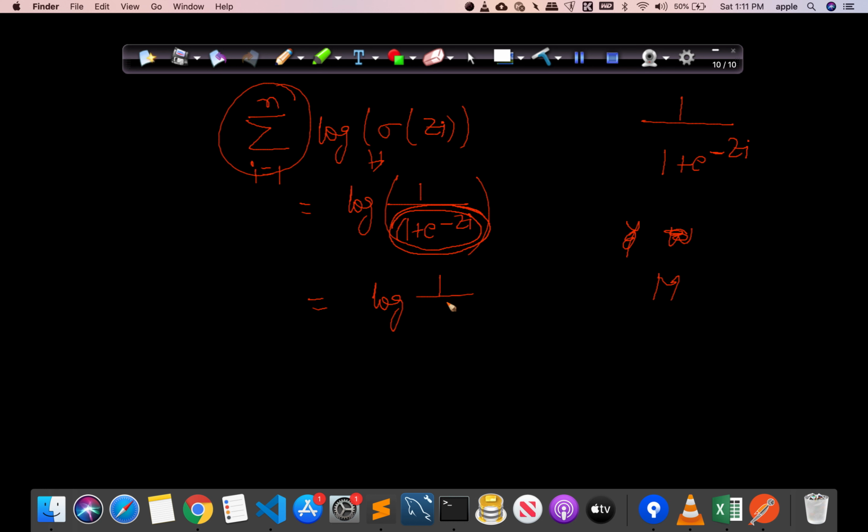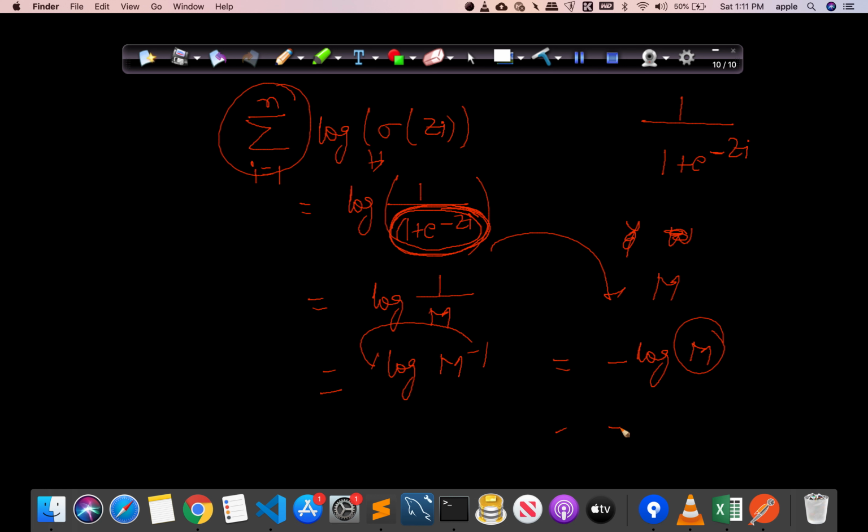Suppose this is 1 upon m, so this particular thing will become log m to the power minus 1. Now this minus will come out front, so this will become minus of log m. Now what is m? We assumed that this particular denominator was m. Now we can replace this as minus of log of 1 plus e to the power minus zi.